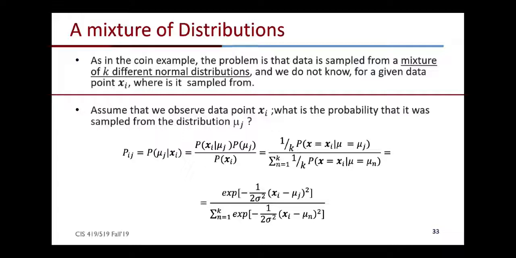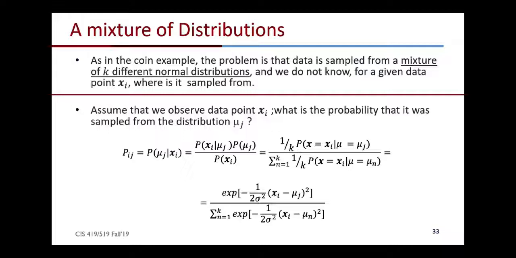Bayes' rule says to compute it as P of xi given mu j, times P of mu j, divided by the probability of the data. I'm assuming P of mu j here is 1 over k, a uniform distribution. That's my prior over all clusters. I don't have any better way. If you do, you'll put it there. But so far, I'm assuming that it's uniform.